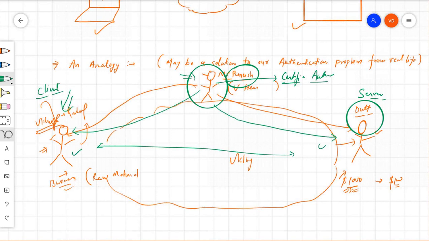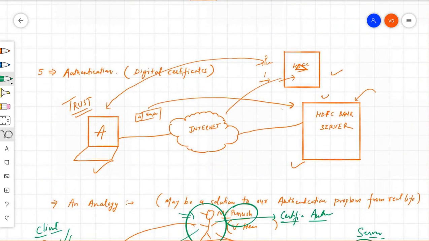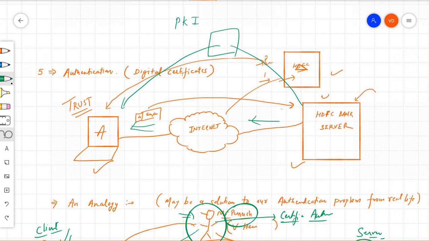Again, I am repeating that this trust problem could easily be solved if we have one server here who knows both of them and generates the trust between them. And this is where your public key infrastructure comes into play.